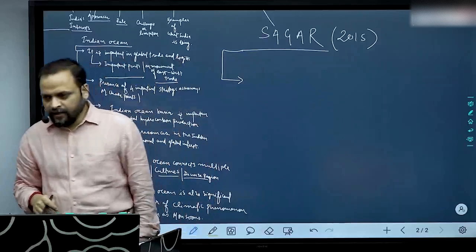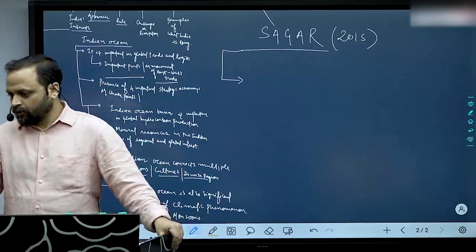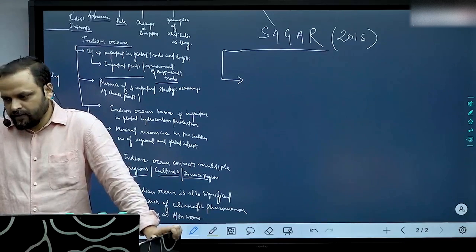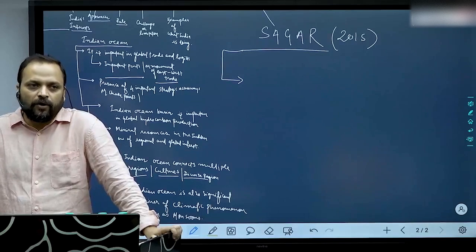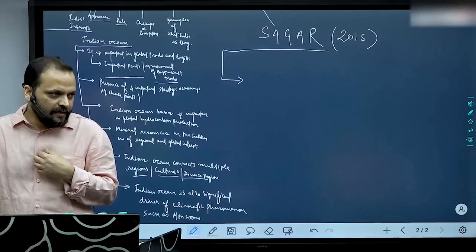What is Sagar? Sagar is a Hindi word of Sanskrit origin, which means simply the oceans. That's the first thing. Secondly, Sagar is an acronym for security and growth for all in the region.